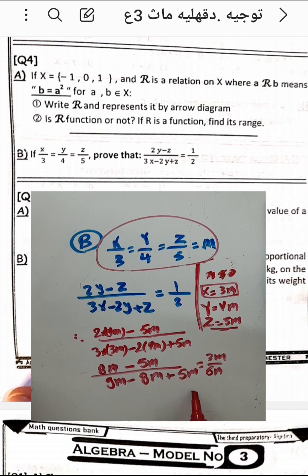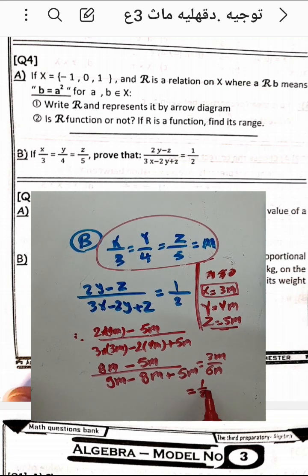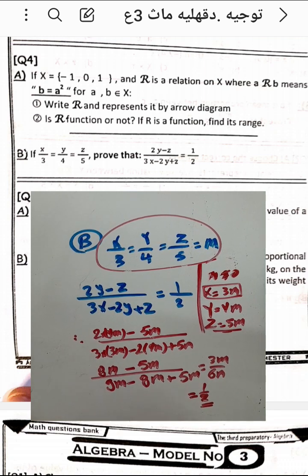The result will be half. It's simplest form. Okay, so the left hand side, right hand side.